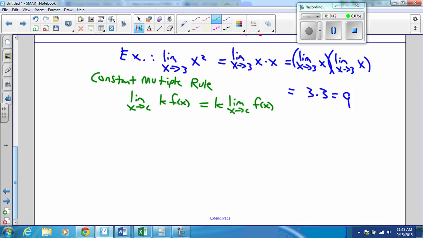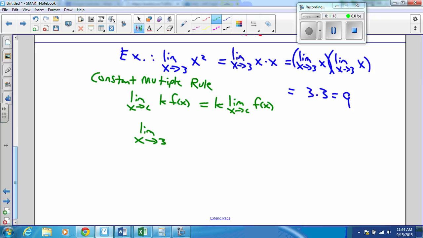And if you look really closely here, this is actually just a special application of the product rule, is it not? Because the limit of the product is the product of limits, but what is the limit as x goes to c of a constant? It's just that constant. So if you apply product rule, followed by constant rule to the constant multiple, then you get exactly this. But the way students like to think about it, and it's not a bad way of thinking about it, is that we have the effect of pulling out the constant to the outside of the limit. Does that make sense? Sure, that's right.